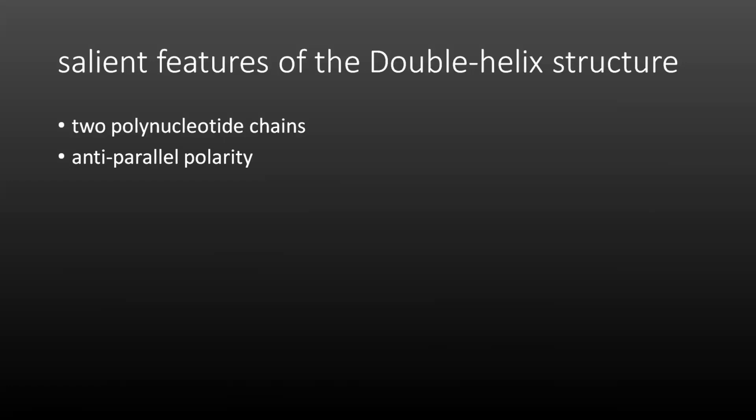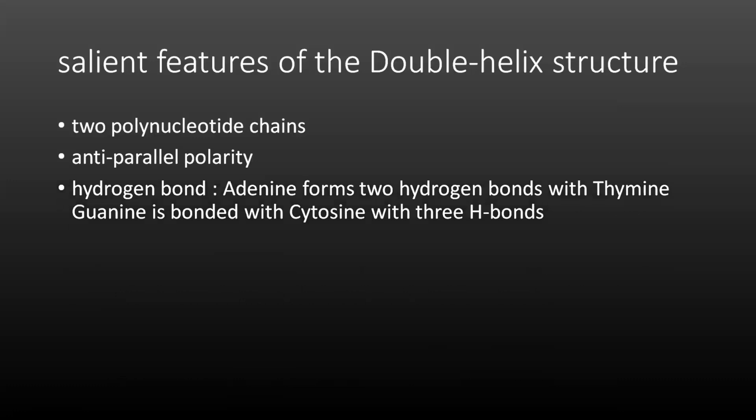So if this strand is starting from 5 to 3, the other strand, which is complementary, will start from here with 3 and end with 5. Adenine forms 2 hydrogen bonds with thymine and guanine is bonded with cytosine with 3 hydrogen bonds.